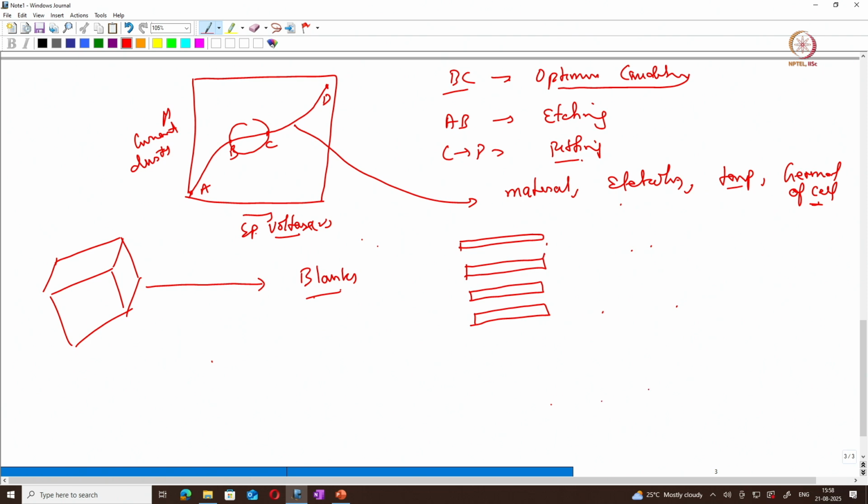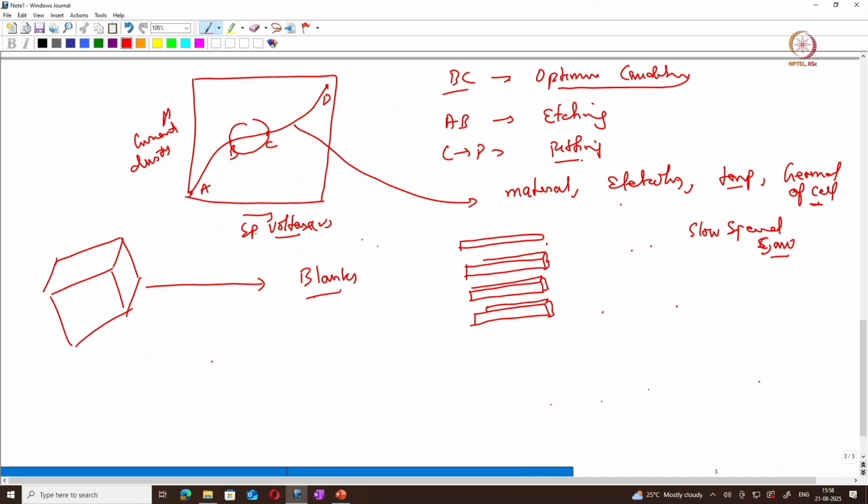So the cross section is around a few mm. So these are called blanks, which can be made by either slow speed saws, or cutting with the EDM cutting machines.